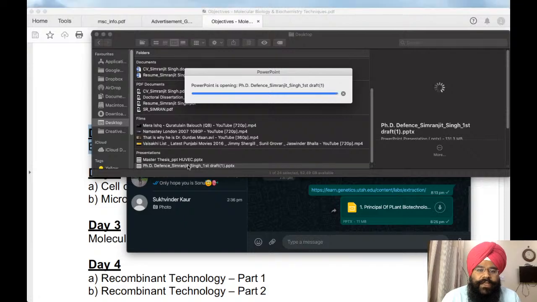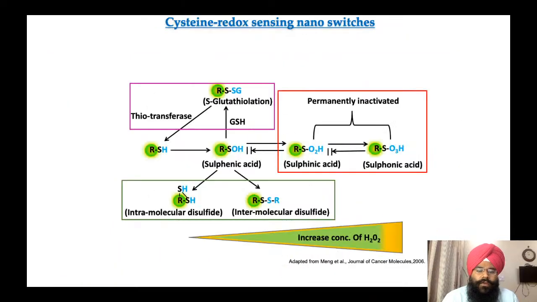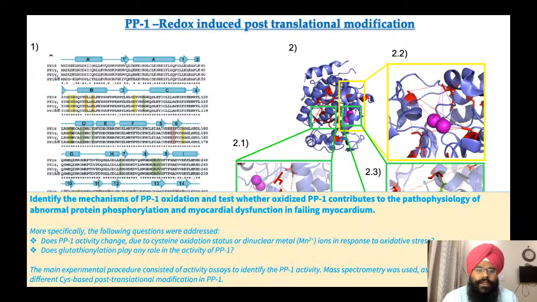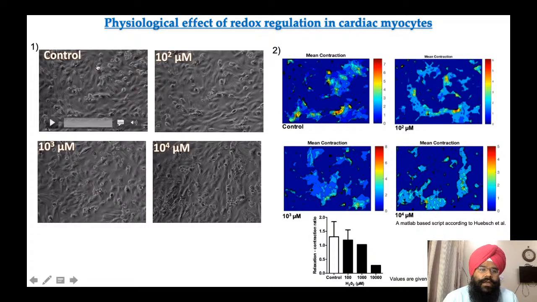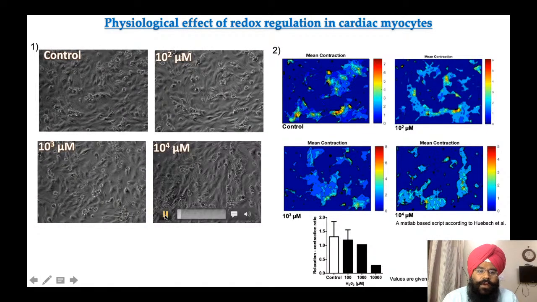These images that I'm going to show you are from the inverted microscope, of neonatal rat cardiomyocytes. I made videos out of it. This is the control cardiomyocytes without any addition of pharmacological agents, then 100 micromolar, then 1000 micromolar, and 10,000 micromolar.